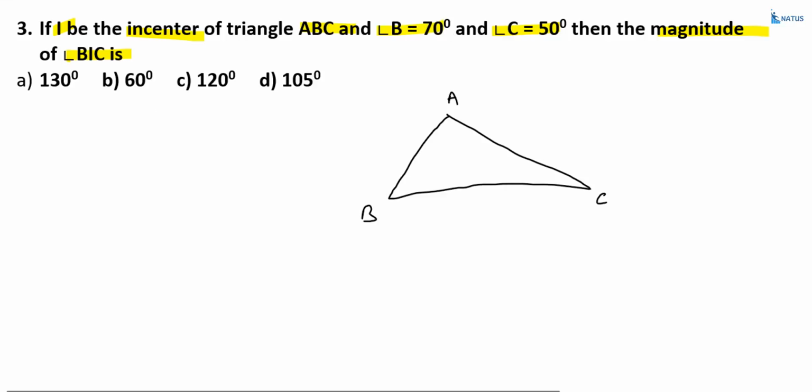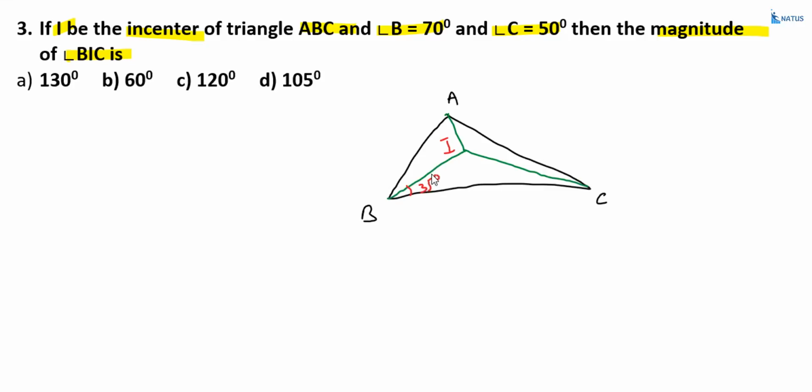Suppose the angular bisector at B, the angular bisector at C, and the angular bisector at A all intersect at this point, which is represented with I. Angle B is equal to 70 degrees, and this line is an angular bisector, so this angle is half of it, equal to 35 degrees.